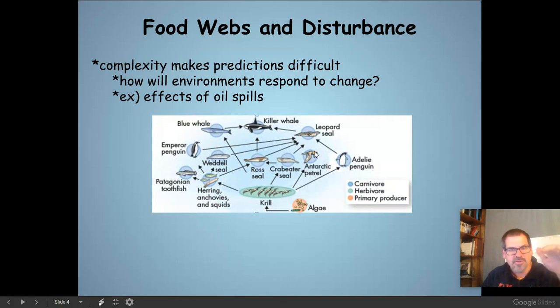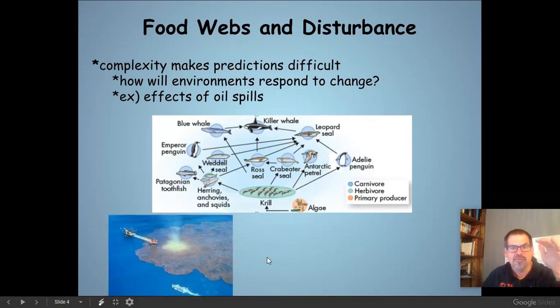Now, again, here's just a simplified food web of an ocean ecosystem. It's not anything that you need to memorize, but with all this complexity here, what happens to this system when we introduce oil into the system?